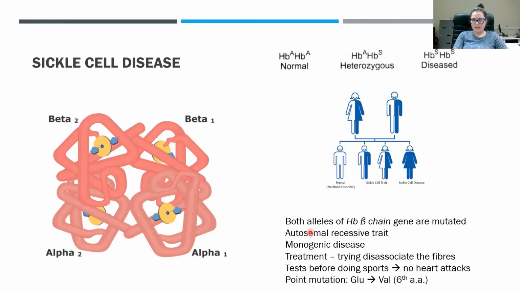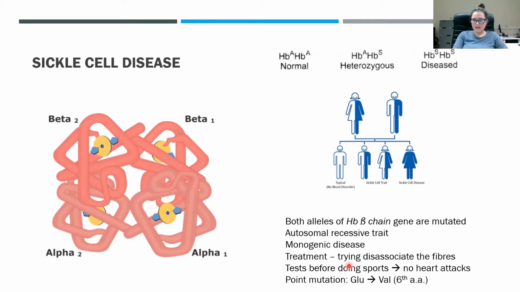It's an autosomal recessive trait, whose heredity is shown in this picture, and it's a monogenic disease, meaning that it's quite easy to target and easy to treat with genetic engineering tools, because we can try changing one gene and then the disease should disappear.